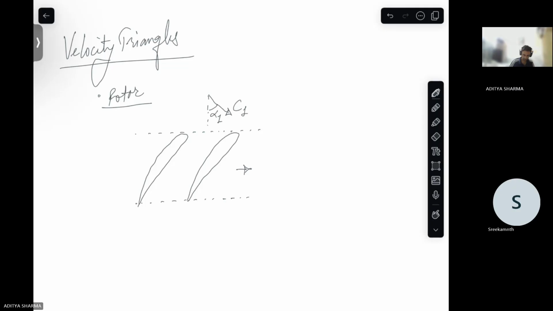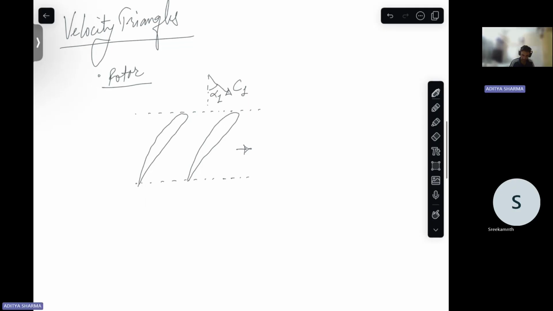Okay. And then this is the velocity triangle. This is your relative velocity. This is your axial velocity. This is your absolute velocity. And this is the blade velocity.